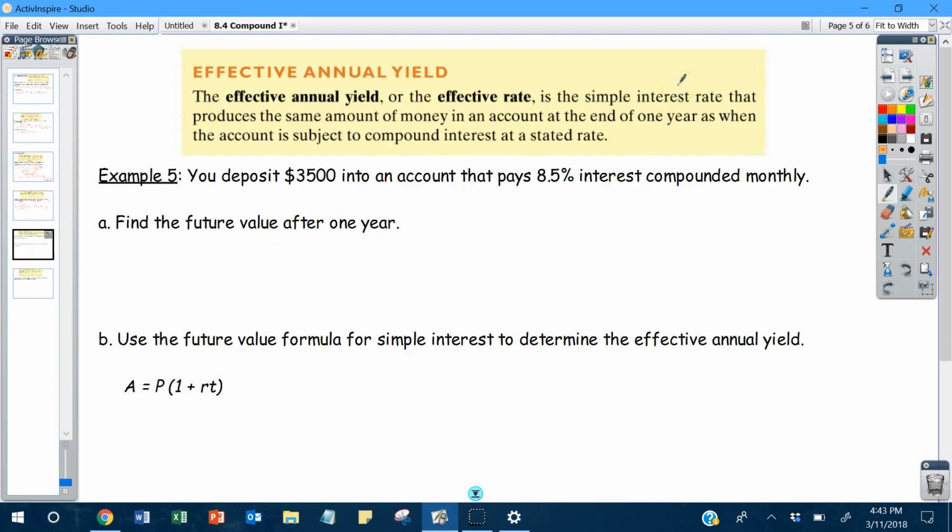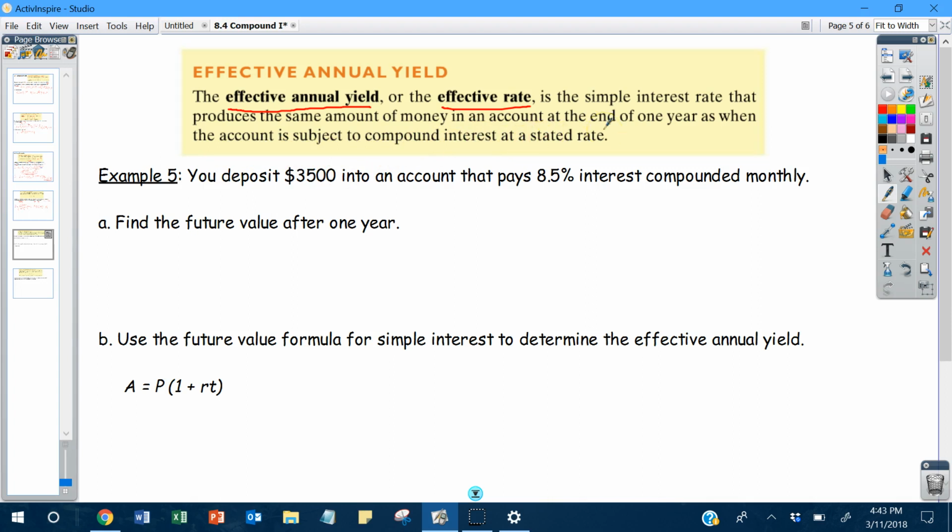We have another concept that we'll talk about now that we have different kinds of earning interest. We talked about simple interest and compound interest. This is going to be the effective annual yield, or it's also called the effective rate, is the simple interest rate that produces the same amount of money in an account at the end of 1 year as when the account is subject to compound interest at a stated rate.